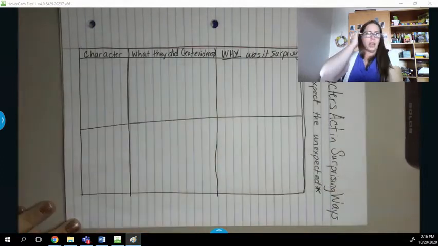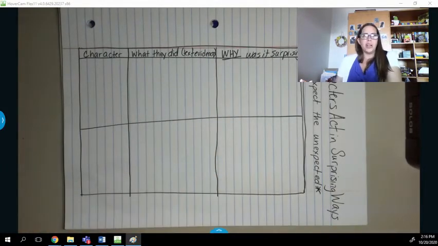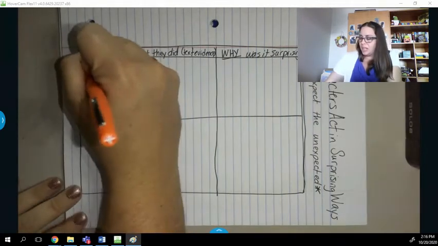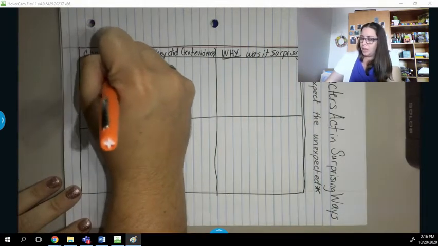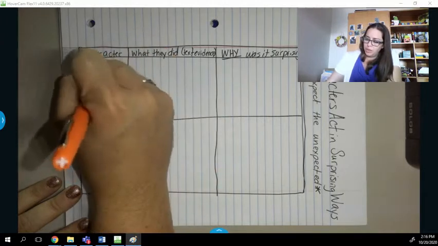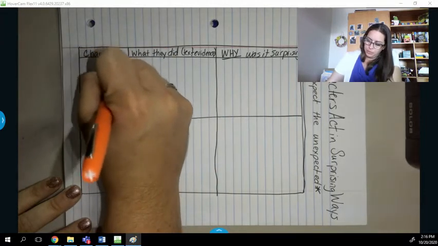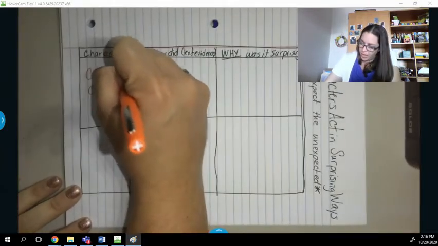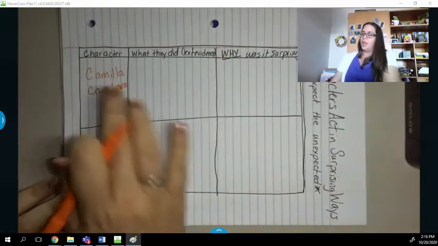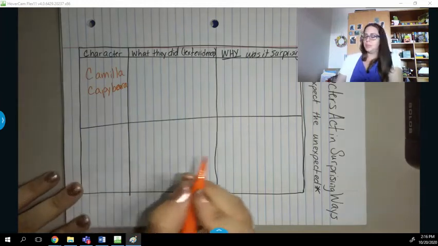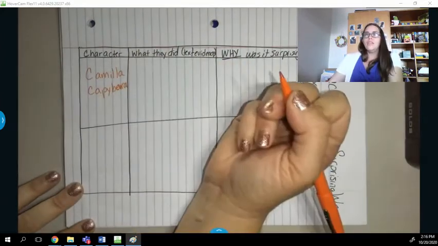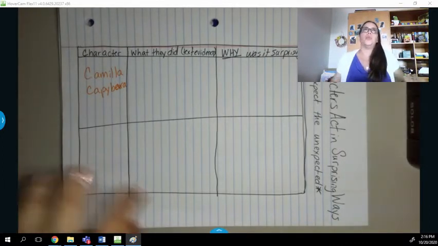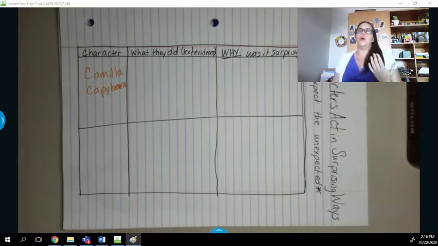The first character that kind of acted in a surprising way that made me go, what are you thinking, was Camilla Capybara. So we're going to write down her name. B-A-R-A, Capybara. And what did she do? She started pulling up the weeds, and then she was winging around the wozy, but what was a wozy?